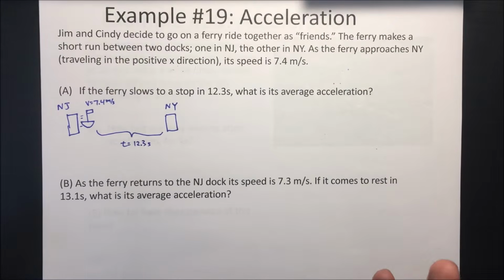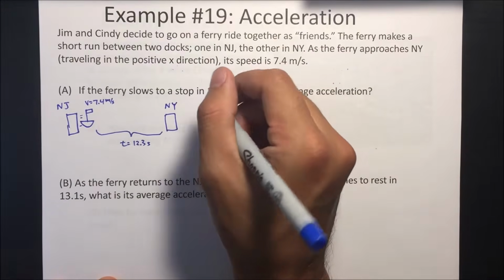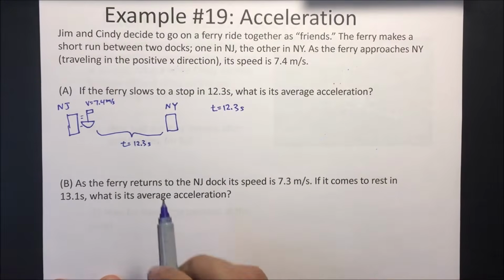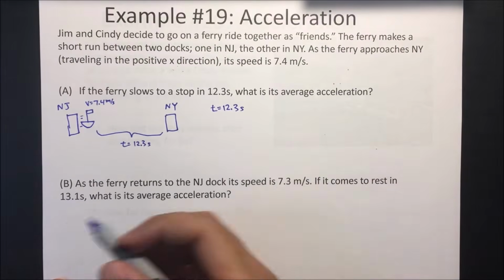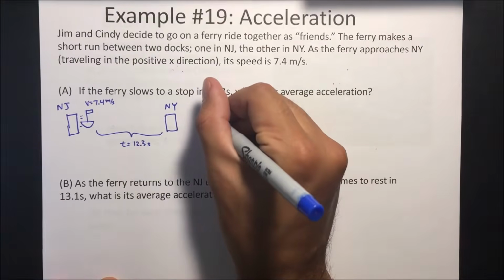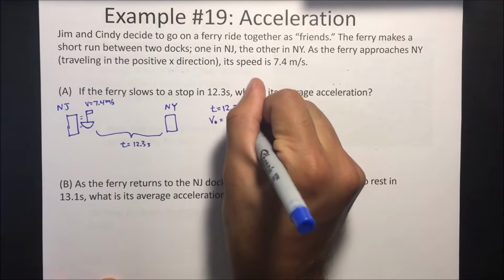So again, once we draw it out, we want to find everything that we know and what we're looking for. We know that how long it takes to come to a stop is equal to 12.3 seconds. We know before it slows down, it has a speed of 7.4 meters per second. So at the beginning, it has a speed of 7.4 meters per second.